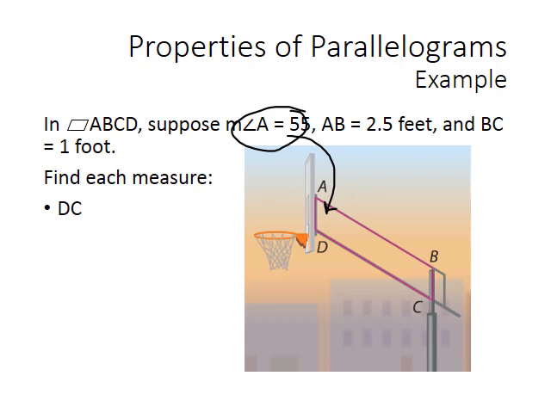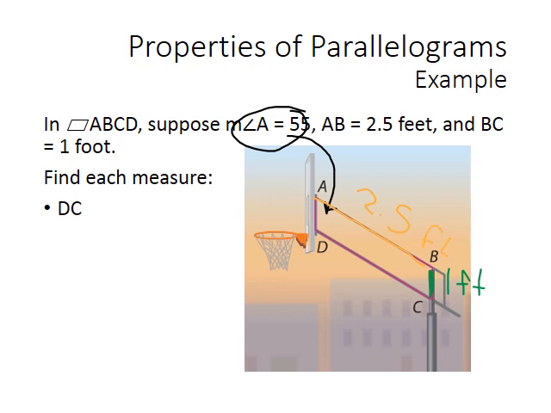We know the length of section AB, this section here, is 2.5 feet. And BC, the other end of the parallelogram, the vertical end, is 1 foot. I should get my units in there, huh? Feet, all the way around.